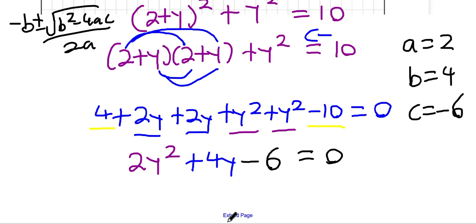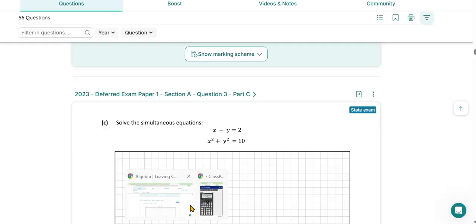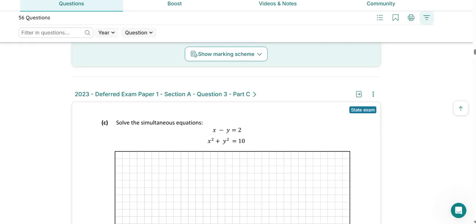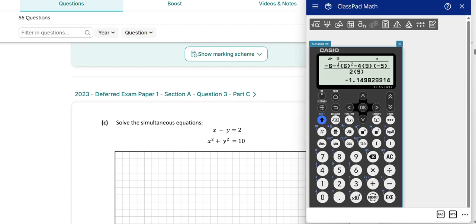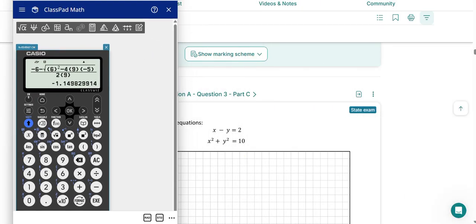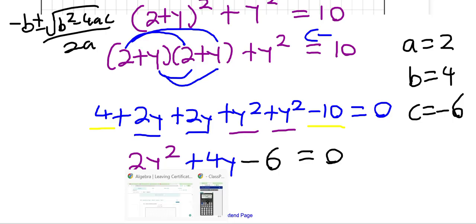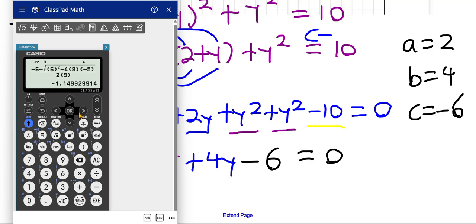Okay, and I'll grab my calculator here. And I will use what I did last time. Here we go. So b is 4, which means minus b is minus 4.